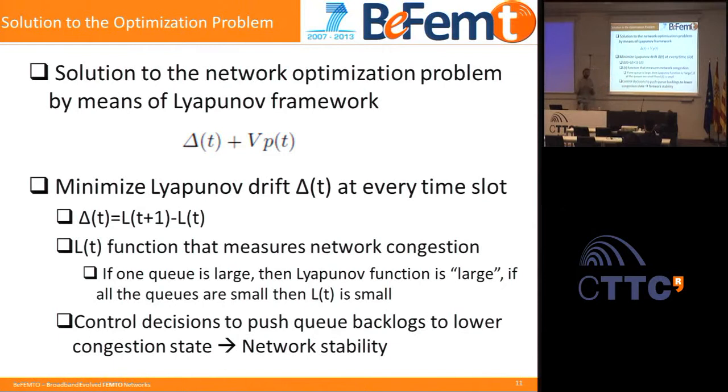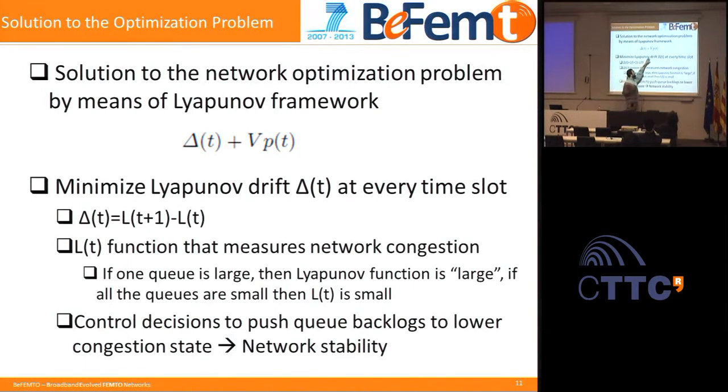But with that, you just solve the network stability issue. You don't put any cost function in place. The way the Lyapunov optimization solves this is by adding another term that somehow matches the cost function I was mentioning before.